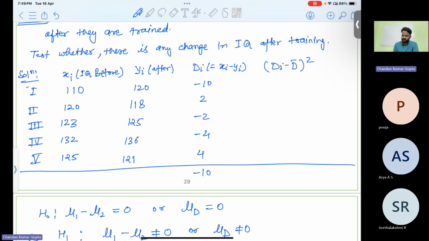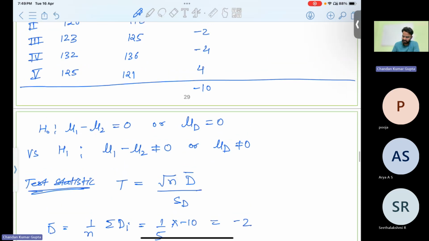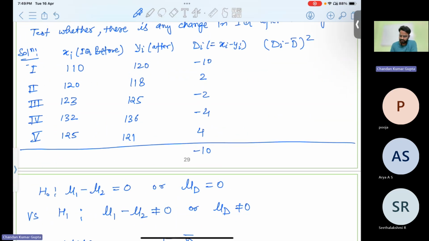So d bar is 1 upon n summation di, which is 1 upon 5 into minus 10, which is minus 2. So d bar is minus 2. Then minus 10 plus 2 is minus 8, whose square is 64.